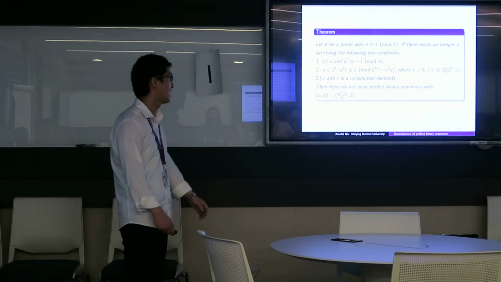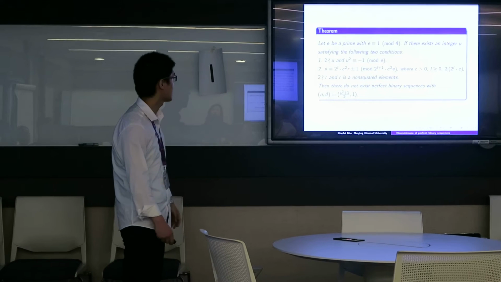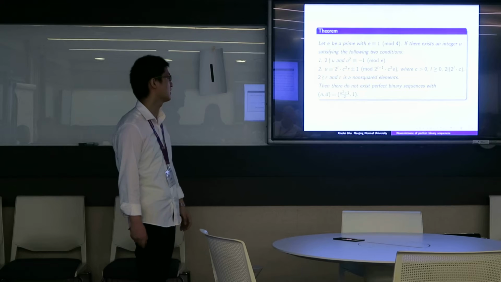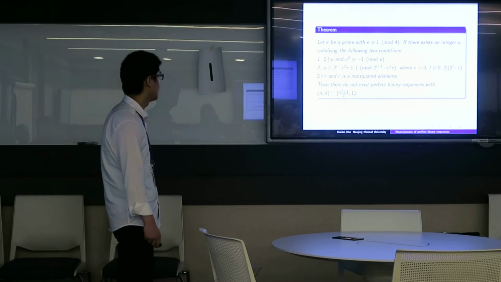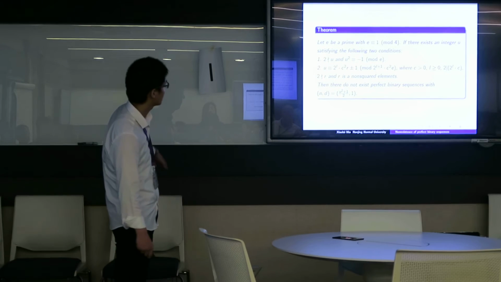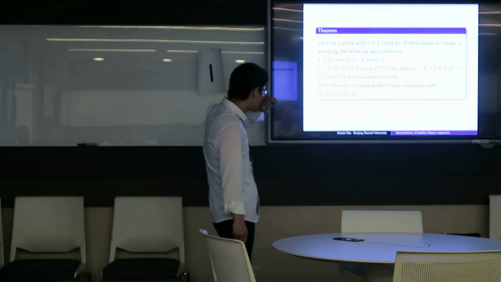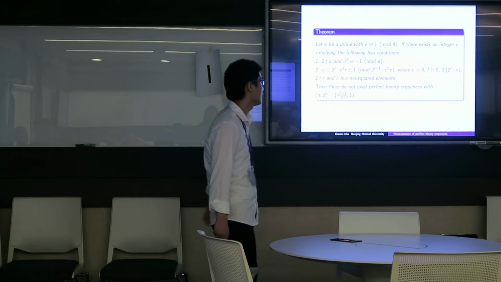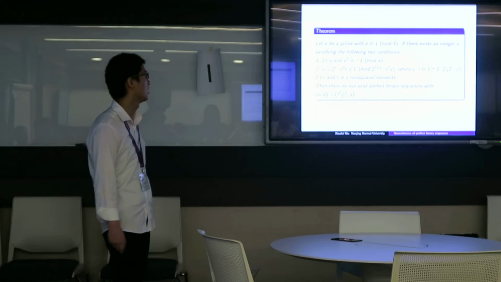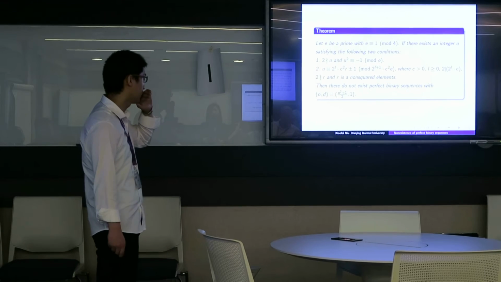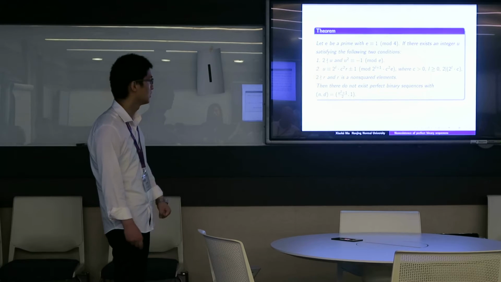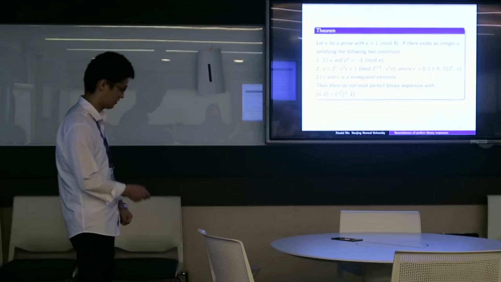If there is a u satisfying the following two conditions: u is odd and u squared is congruent to -1 mod e, and this case with t greater than 0 and l greater than or equal to 0, then there are no perfect binary sequences.